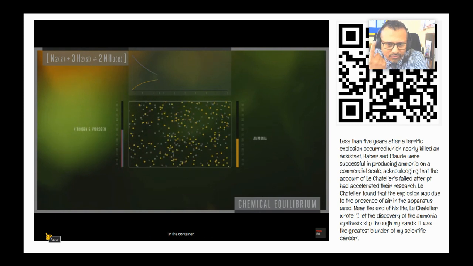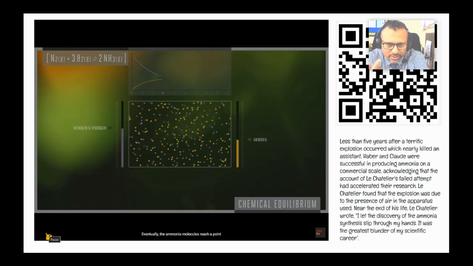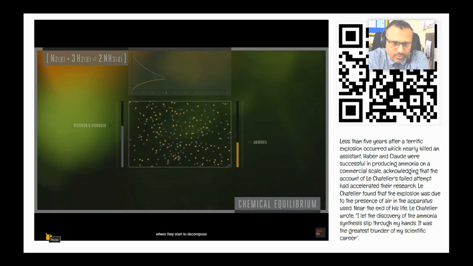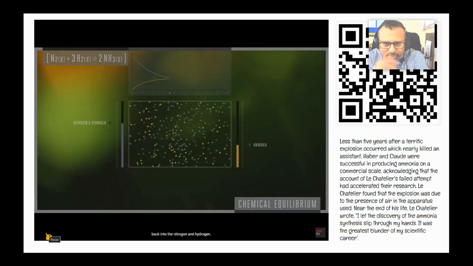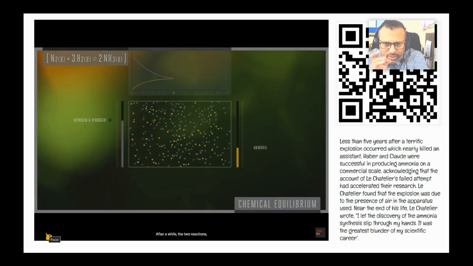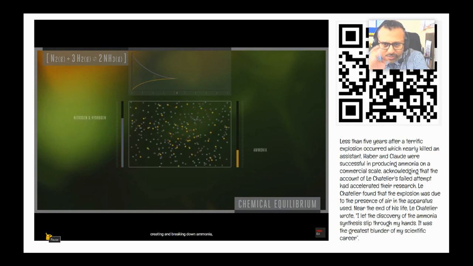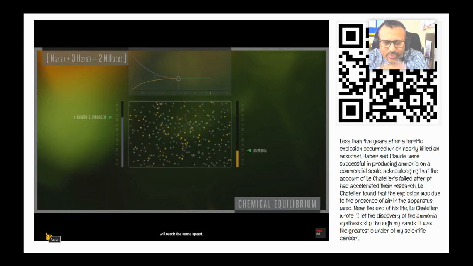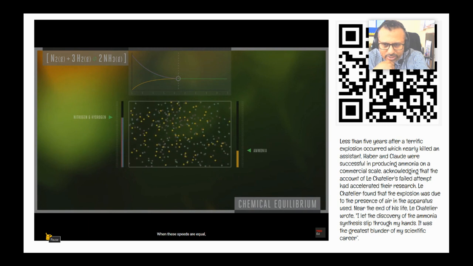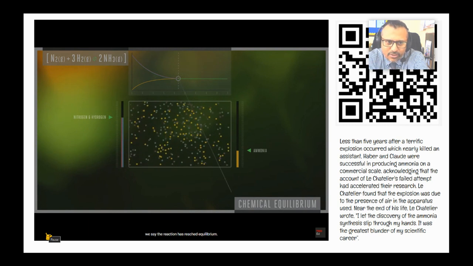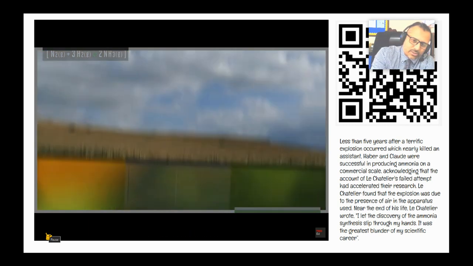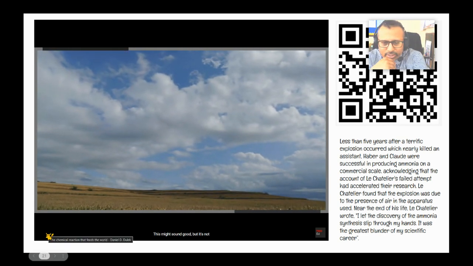But the problem is that the reaction starts to slow down, and the reason why the forward reaction starts to slow down is because once you get to a certain point, the ammonia starts to break down. It continues to break down, but the rate of reaction for your breakdown of ammonia starts to affect how much ammonia you can actually get.